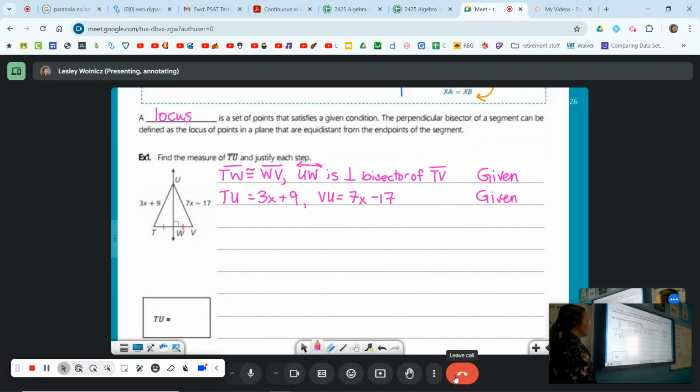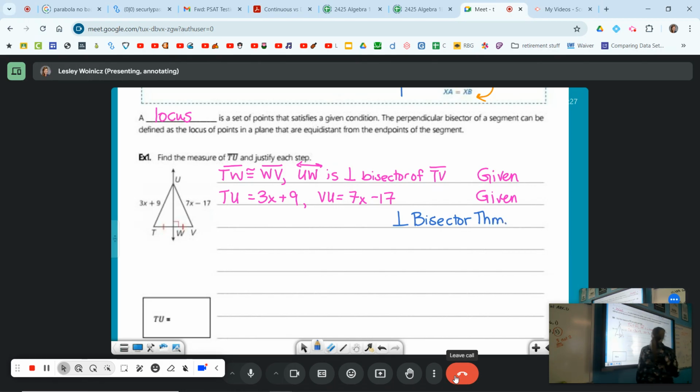Now what? I have to find the length of TU. We're going to use the perpendicular bisector theorem. Do we have two conditions?